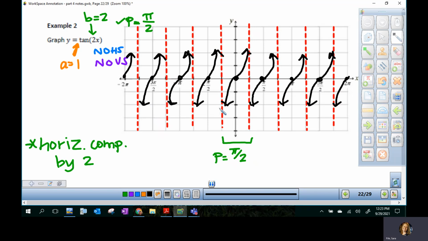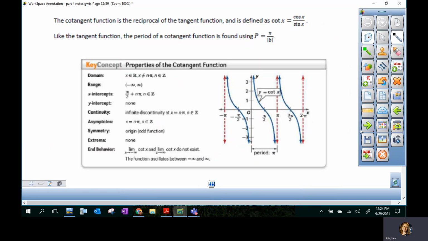Questions on that one? All right, last but not least, we need to cover cotangent. So cotangent is the reciprocal of tangent. Okay, so if tangent was sine over cosine, cotangent is cosine over sine. So you're flipping where your asymptotes should be.